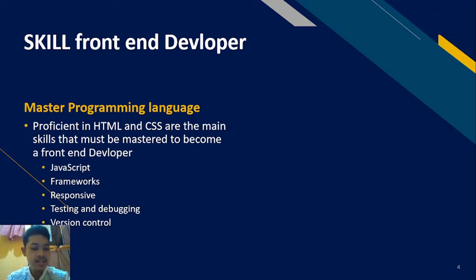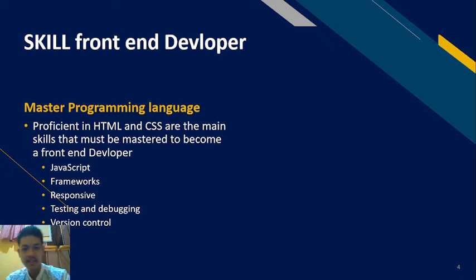Next, testing and debugging. A front-end developer must have the capacity to test the feasibility of a website and keep it free from bugs. In doing so, there are various approaches to testing. One of them is functional testing, to check certain parts of a website and validate that its performance matches the coding that has been done.